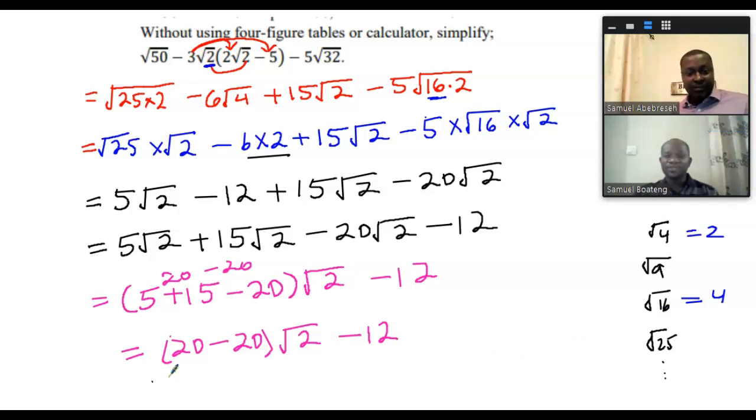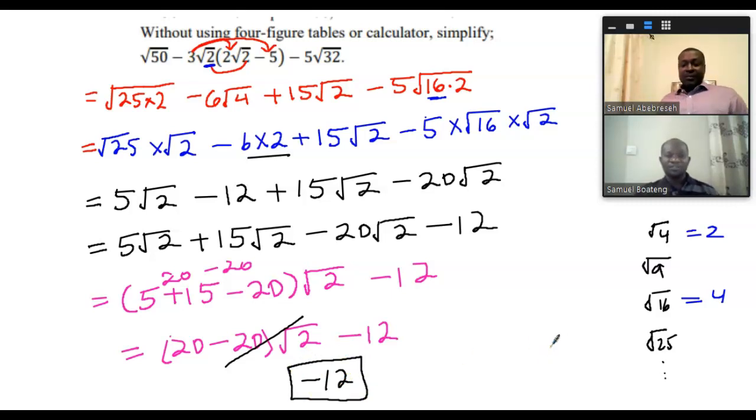Then 20 minus 20 will give you 0, and 0 root 2 is still 0. So you have minus 12. We're going to get minus 12. Yes. So that is the final answer.